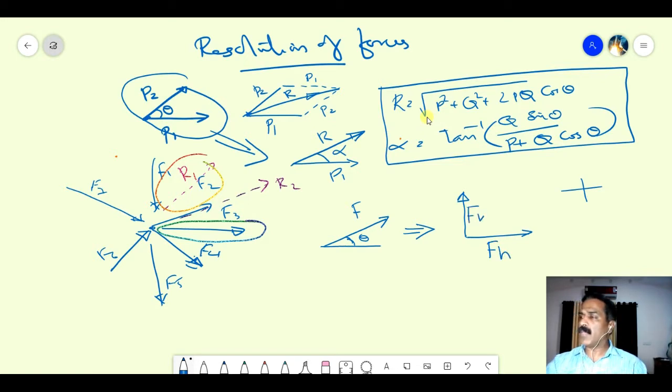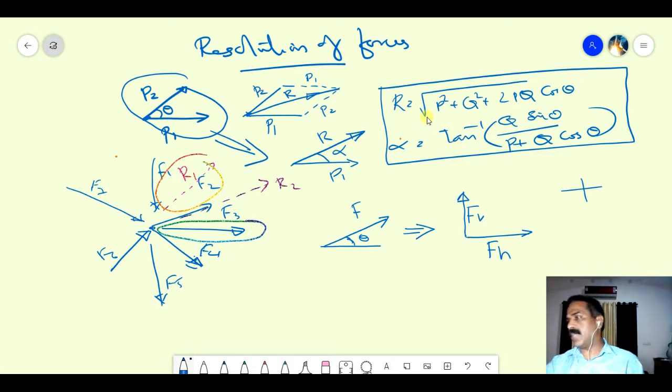In this way we can split this force into its components along two reference axes. As this force is in a plane, it will have two components, one horizontal and one vertical. Clear?